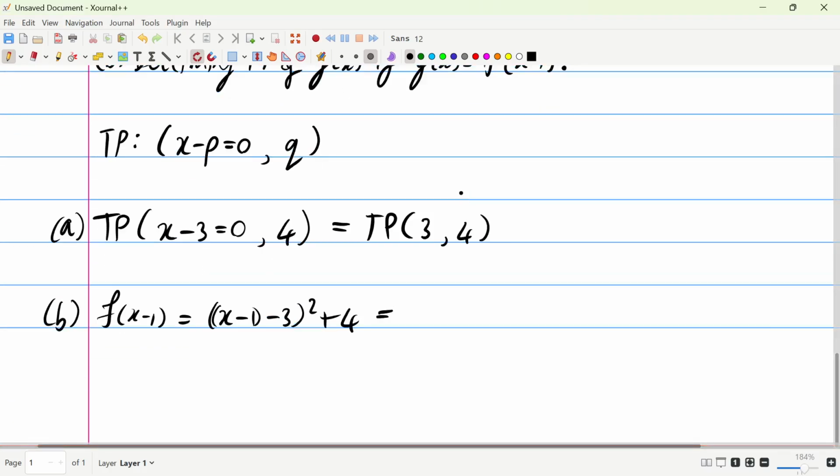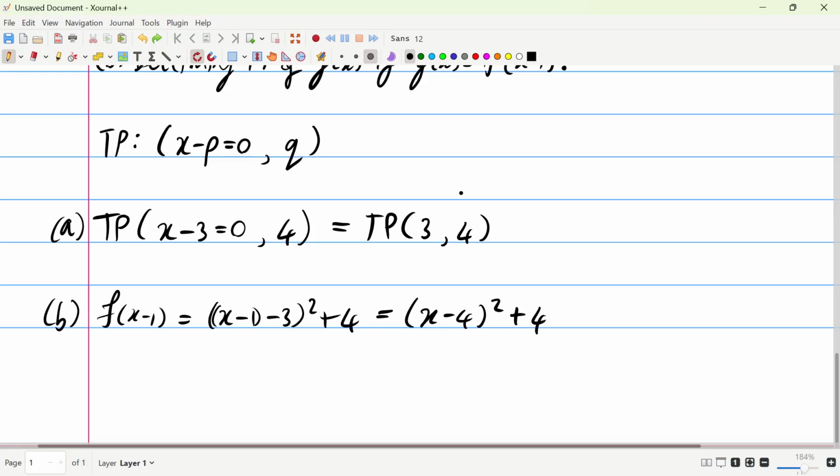And then we get something along the lines of (x minus 4) squared plus 4. So what do you notice from this? We can clearly see that x is being manipulated by negative 1, meaning that we are shifting by 1 unit.